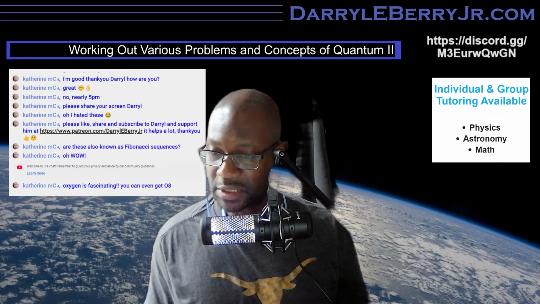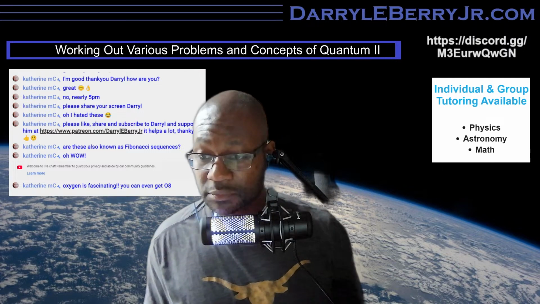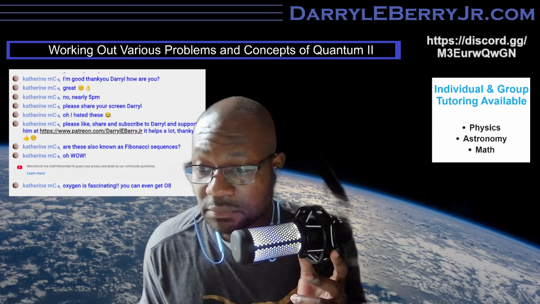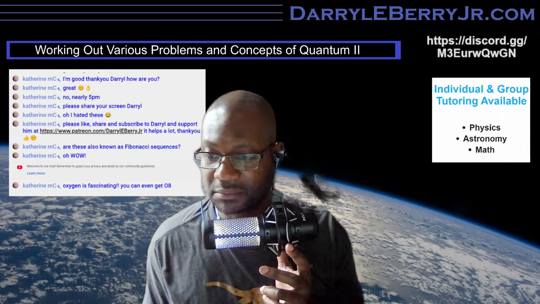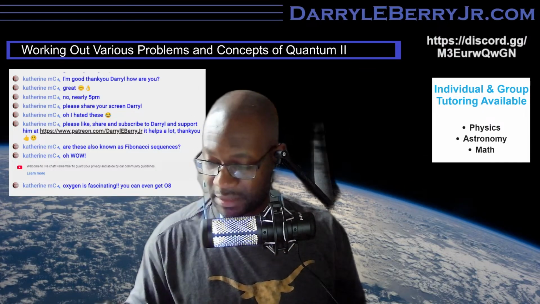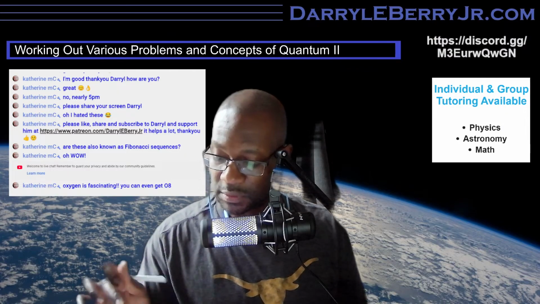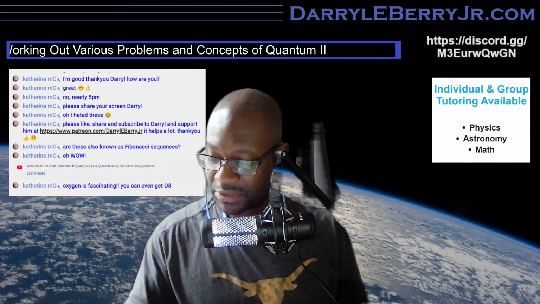And Catherine says, "Oxygen is fascinating. Can you get O8?" Okay, I didn't even know that. Are you saying you can get oxygen with 8 electrons? Or you mean 8 oxygens bound together? So you mean you can get 8 oxygens like this?